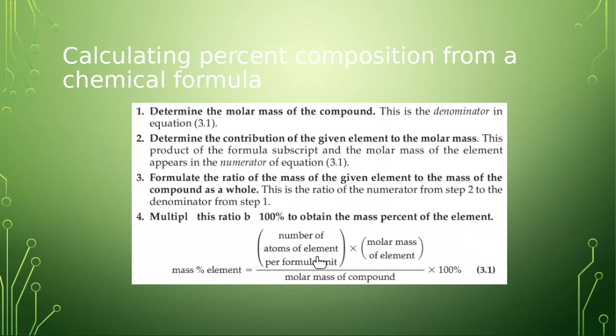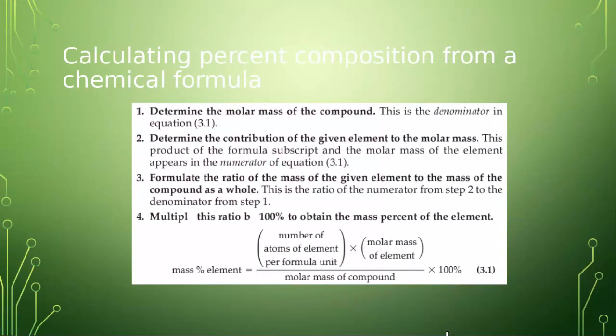So if you want the mass percent of an element, that is the number of atoms of the element per formula unit, multiply with the molar mass of the element, and then divide it by the molar mass of the compound, and for that calculation, multiply with 100.